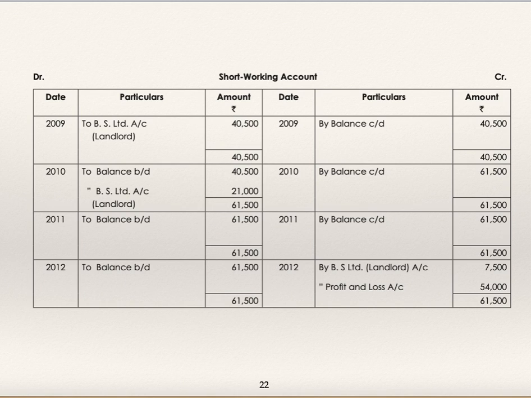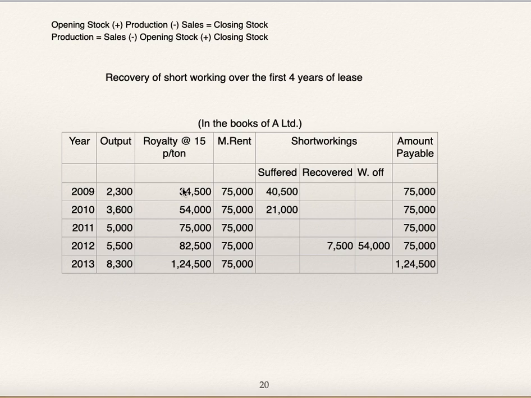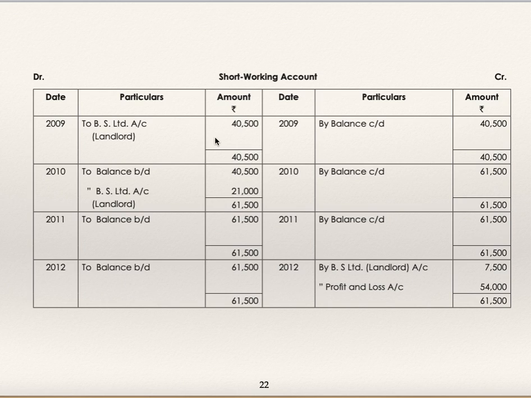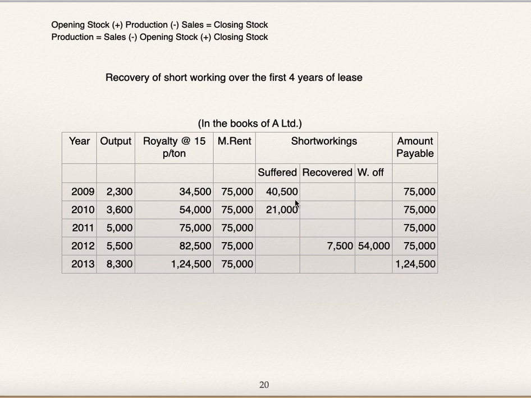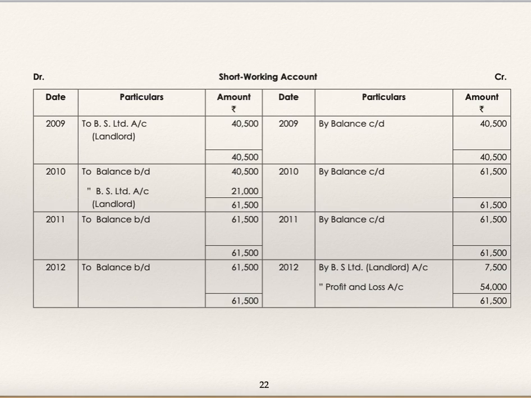Now we'll see the short workings account. First year entry is royalty account debit, short working account debit to landlord. So short workings to landlord 40,500. To BS Limited, landlord 40,500, by balance carried down. Second year beginning, to balance brought down 40,500, to landlord 21,000. See here, second year he has suffered 21,000. Total of this is by balance carried down.